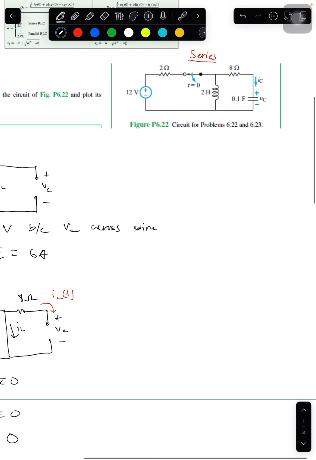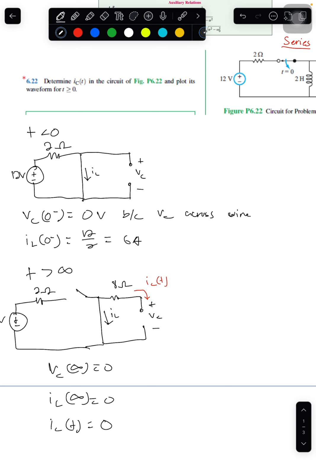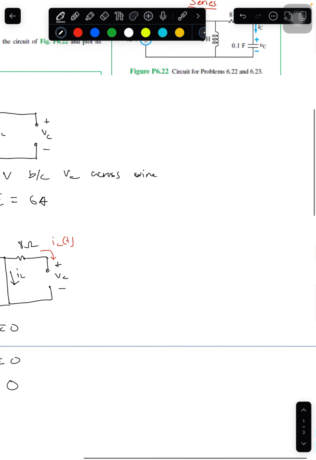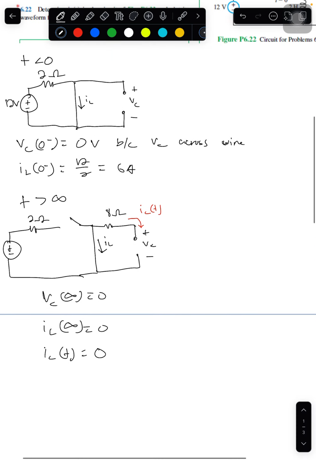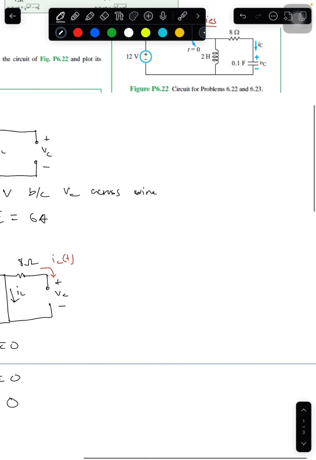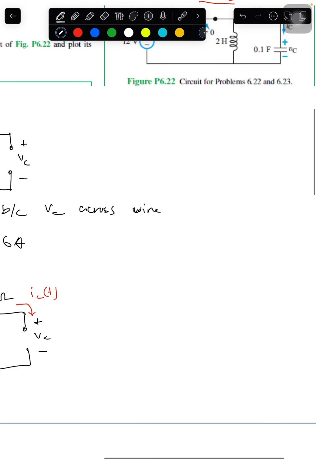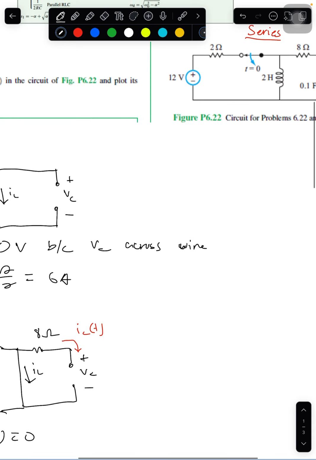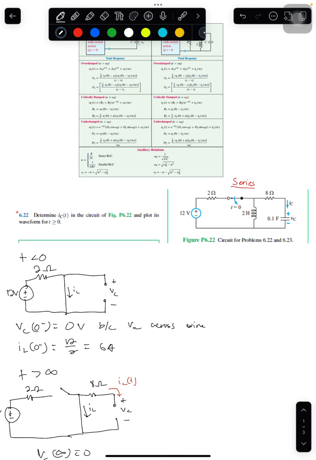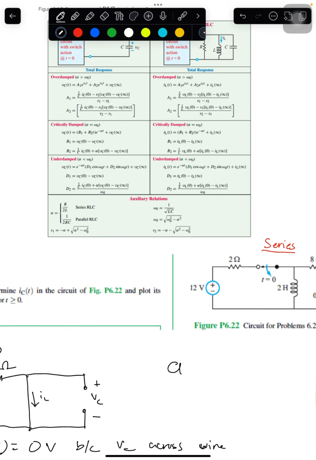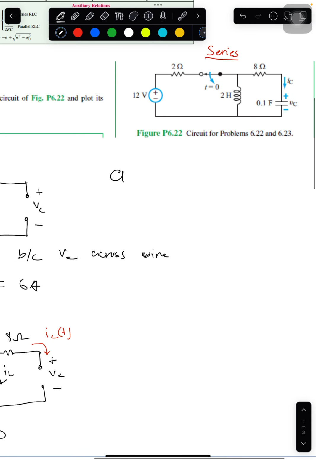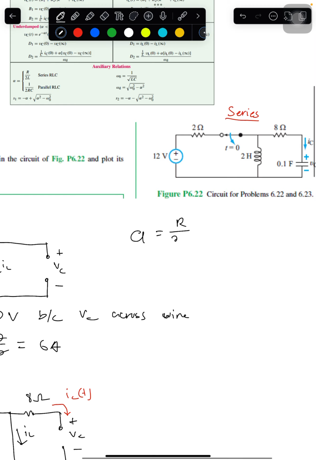Alright, so you can do this in either order. You can find alpha and omega first, or you can draw the circuits and find the values first. But I decided to do that just because. So let's go ahead and find alpha. Alpha is R over 2L.